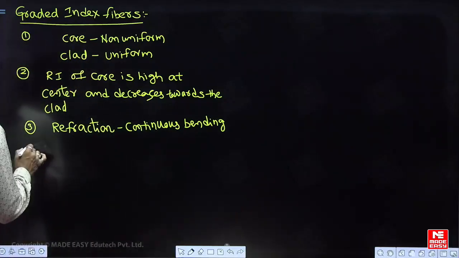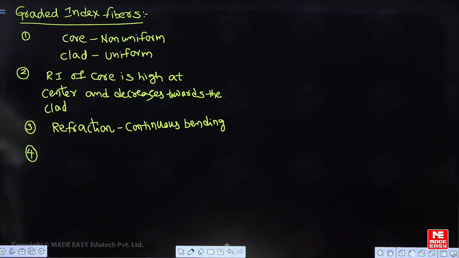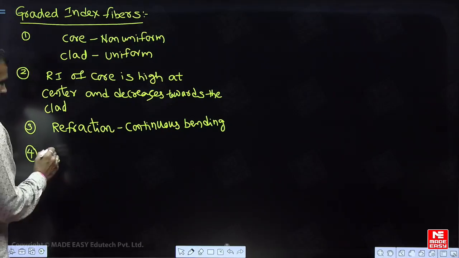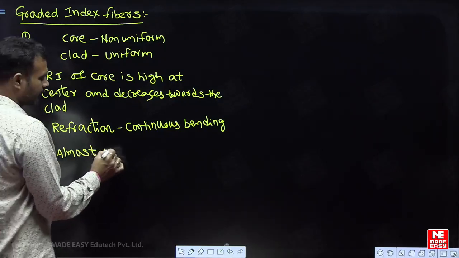After this, the next point is point number 4. When we talk about the gradient index fiber, it maintains almost uniform velocity.